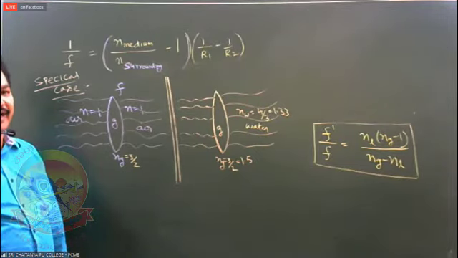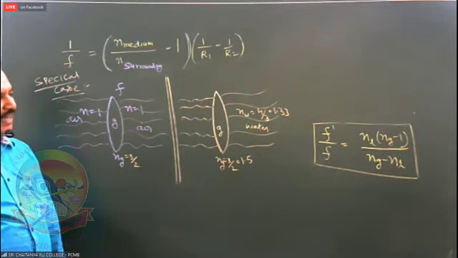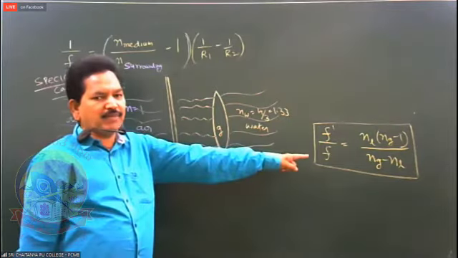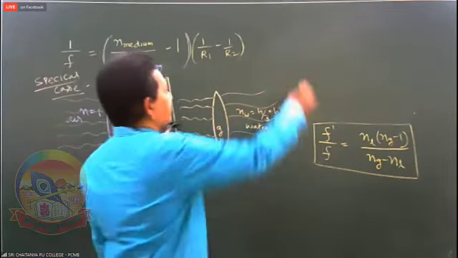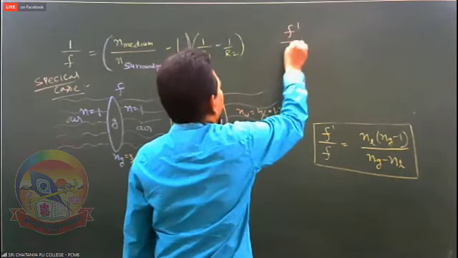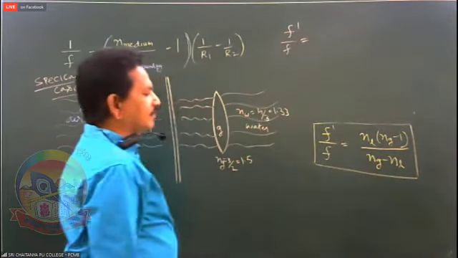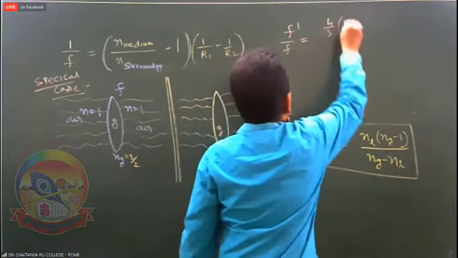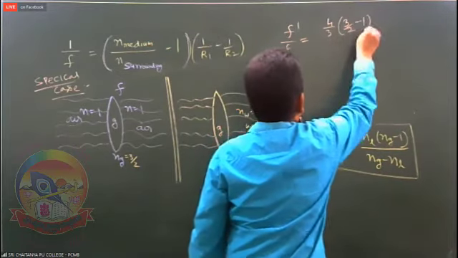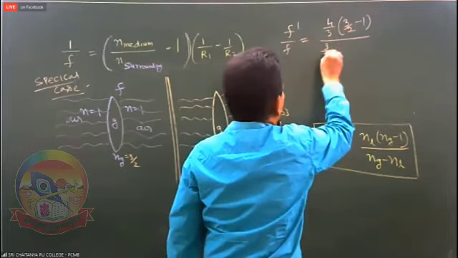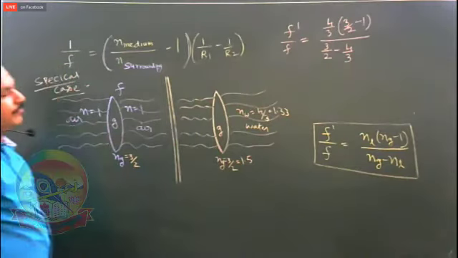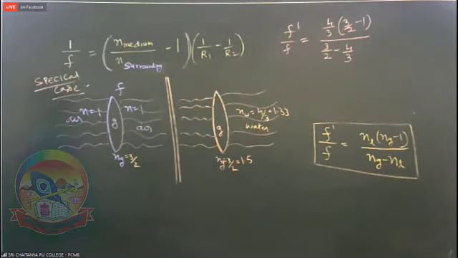What happens to focal length? If it increases, how many times? If it decreases, how many times? Substitute the values in this formula. F dash by f is equal to NL value 4 by 3, Ng value 3 by 2.